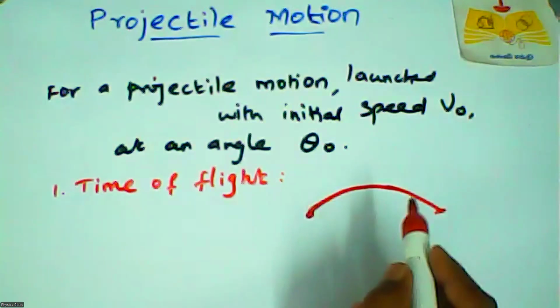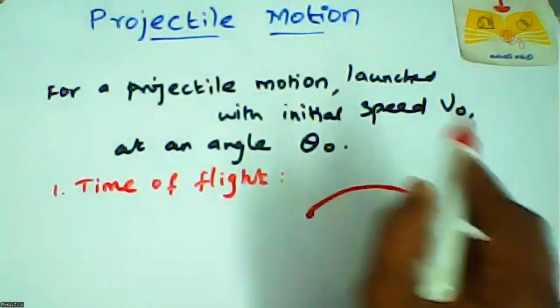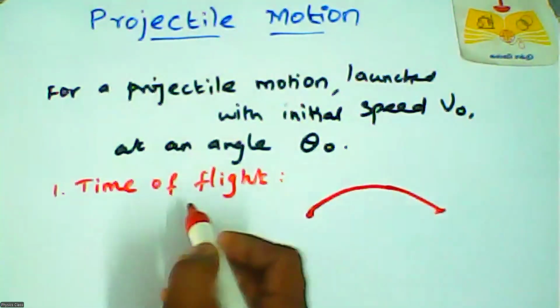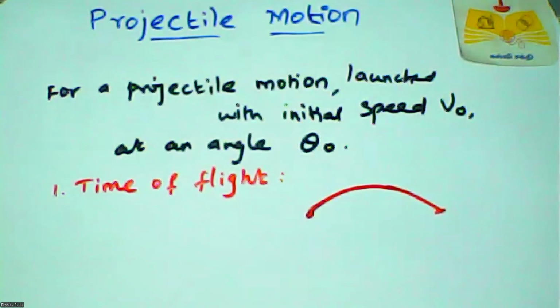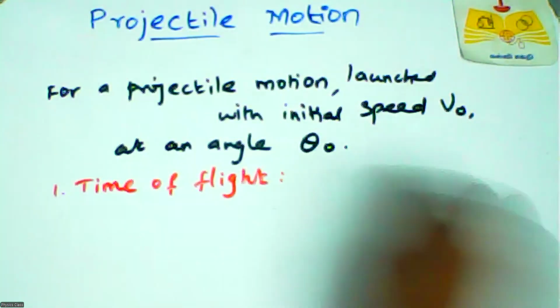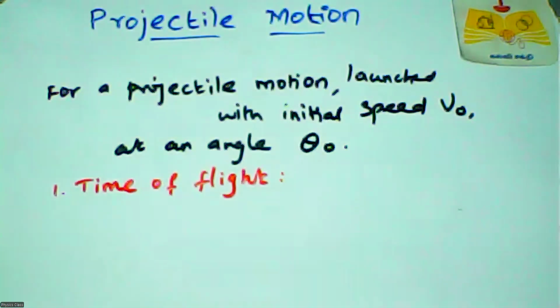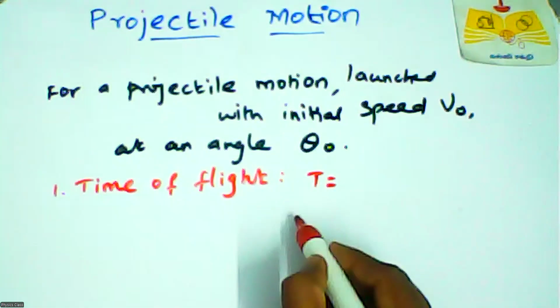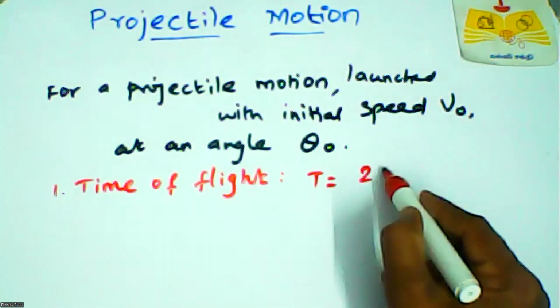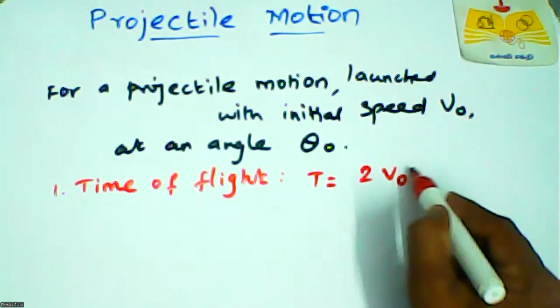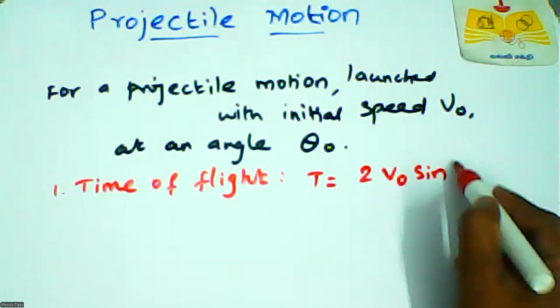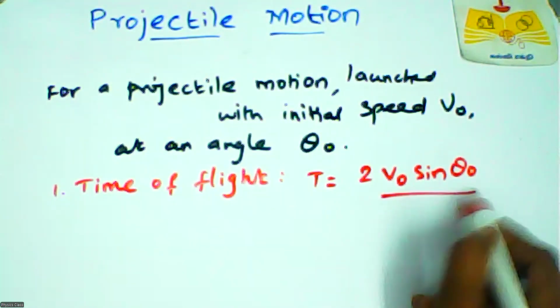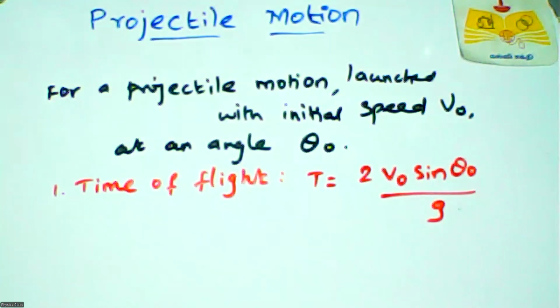The time taken by the object to hit the ground is known as time of flight. So we can write t equal to 2 v naught sine theta naught by g. This is the equation for time of flight.